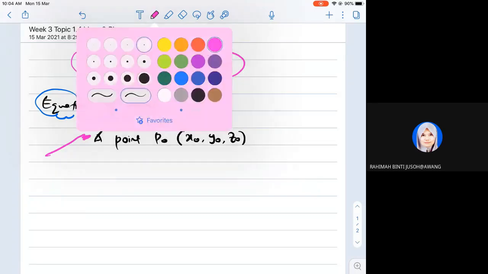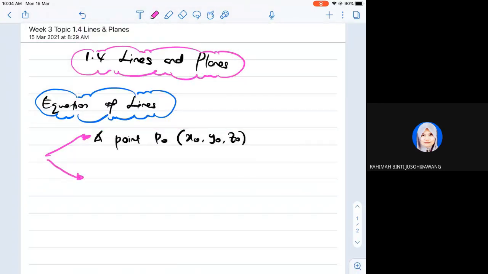And then another one, you need to have the parallel vector. Okay, parallel vector. So basically, parallel vector is denoted as A, B, C. Okay, guys, the difference between this curve, this is bracket. Okay, ini adalah bracket for coordinates. But this one is actually sharp bracket or acute bracket.